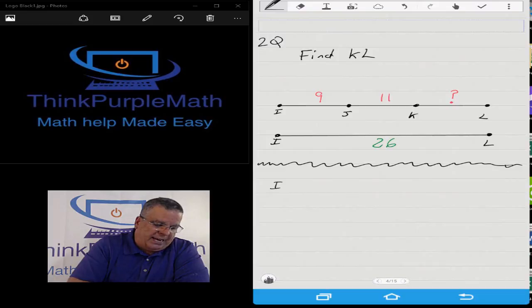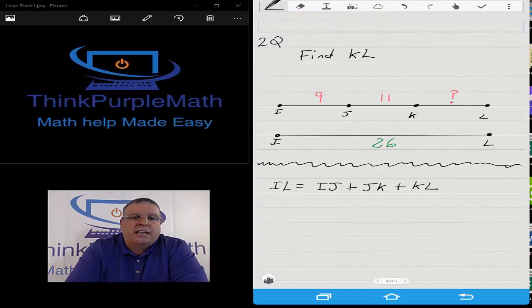So that means IL is equal to IJ plus JK plus KL. Segment addition can have more than 2 segments being added; it could be several of them. In this case, there are 3.